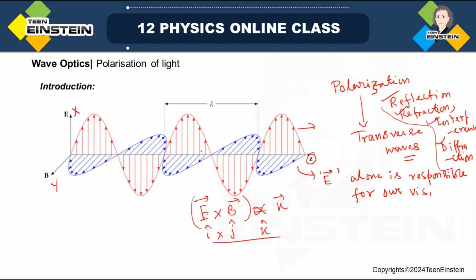Light is an electromagnetic wave, but among the two fields, electric and magnetic, the electric field alone is responsible for vision.